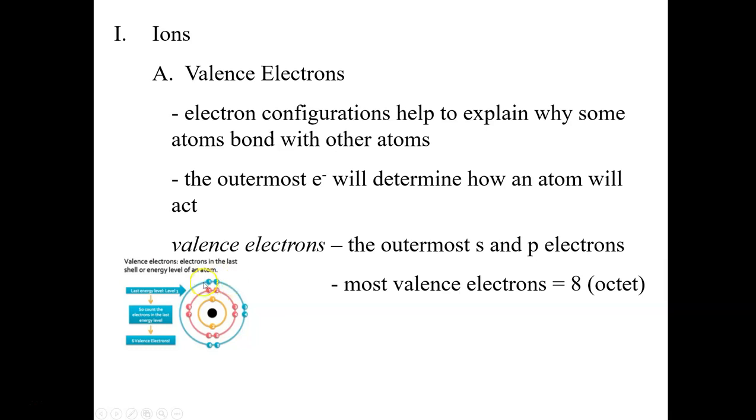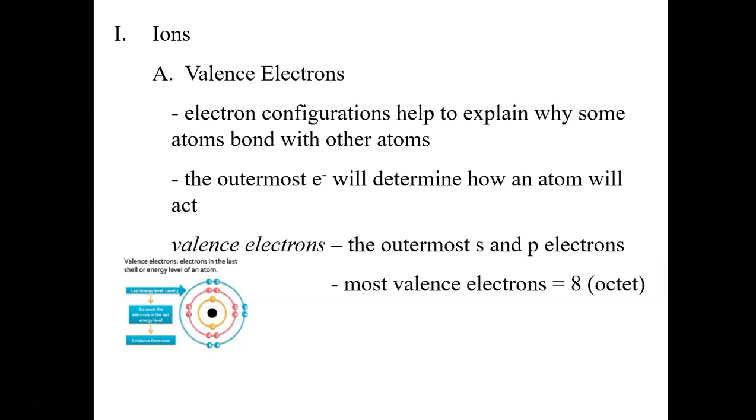So the first 2 would have been the 3s, and then the next 4 electrons would have all been in the p. So it's a 3s2 3p4. So it has 6 valence electrons, because I lump the s and the p together. And so it's a little bit short of having a full 8 valence electrons.